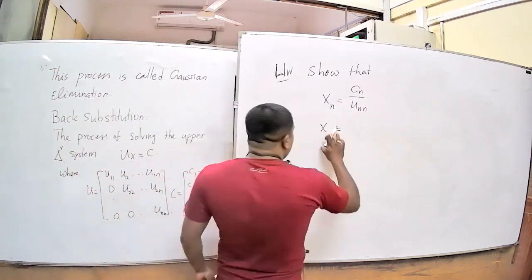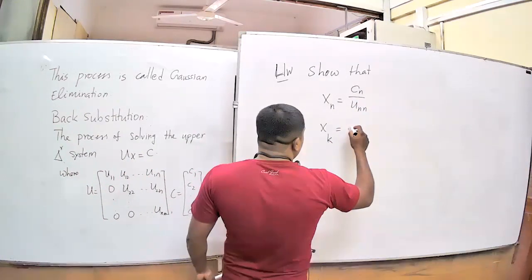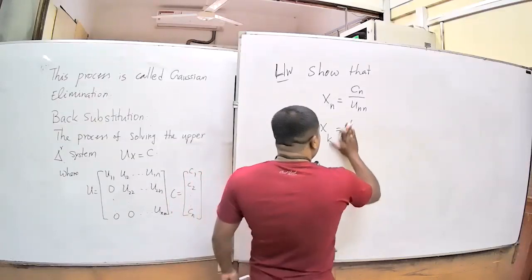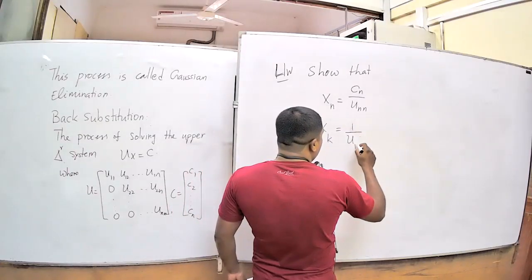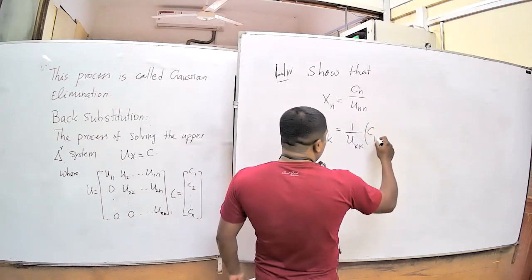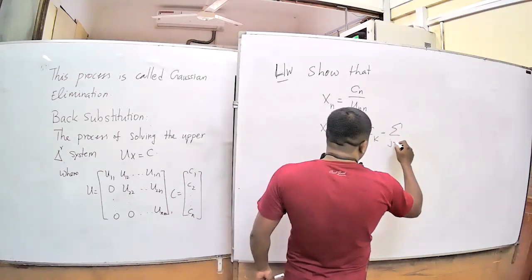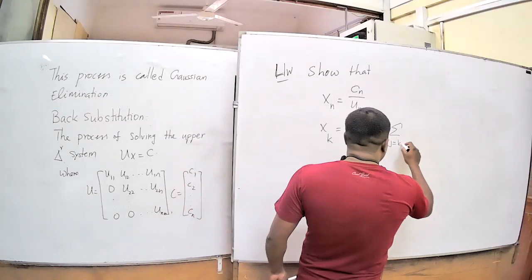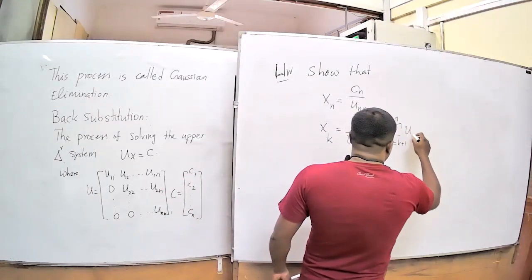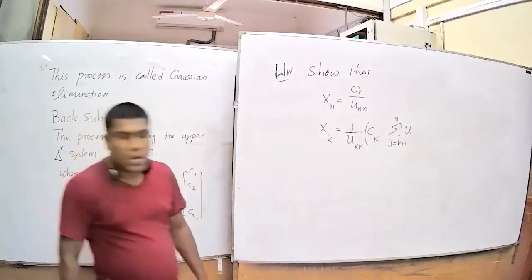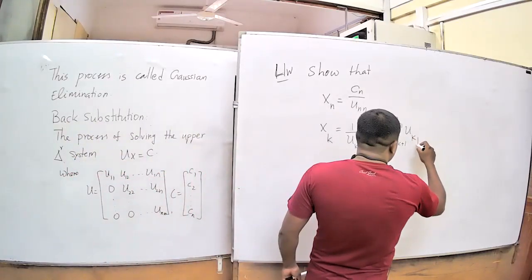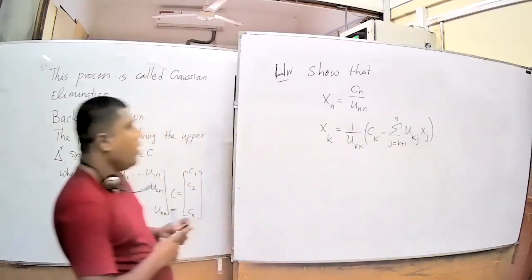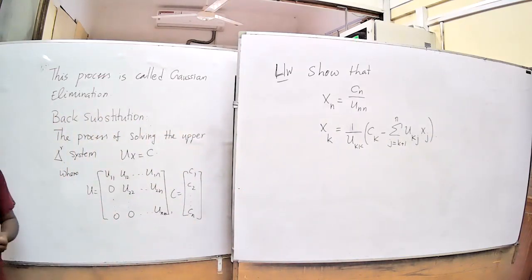So x_k is given by the formula. This is just mechanical work.